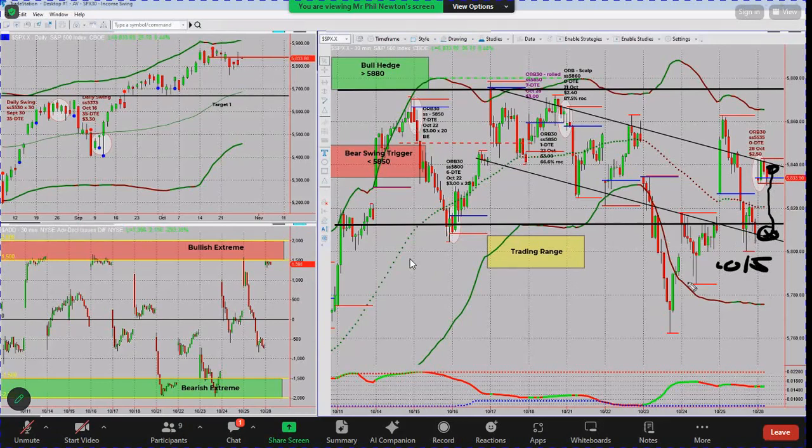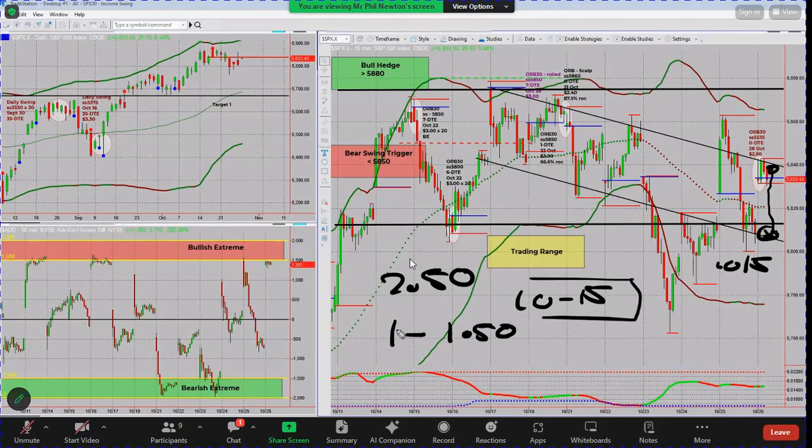So if we see that $10 to $15 move, and if we collect $2.50 credits, then I'll probably get $1 to $1.50 profit with that type of movement. So it just allows me, coming back to the O&A analysis, to wait to the end of the day and hope for maximum profit for a 0-day trade, which is what I've done.